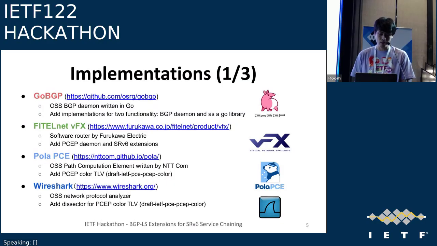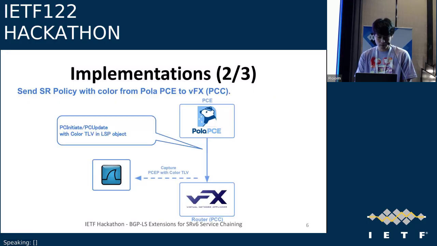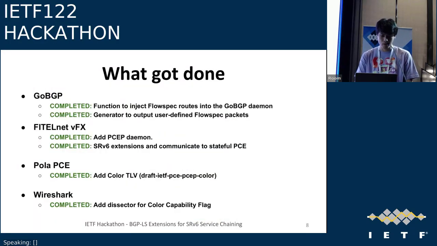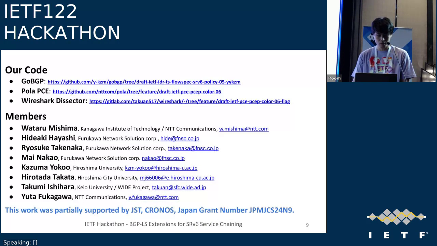And we implemented a new PSEP extension, color TLV, for VFX and Polar PCE. And also we implemented Wireshark dissectors. This is PSEP and this is BGP flow spec. We completed all of our implementation. And these are my team members. Thank you.